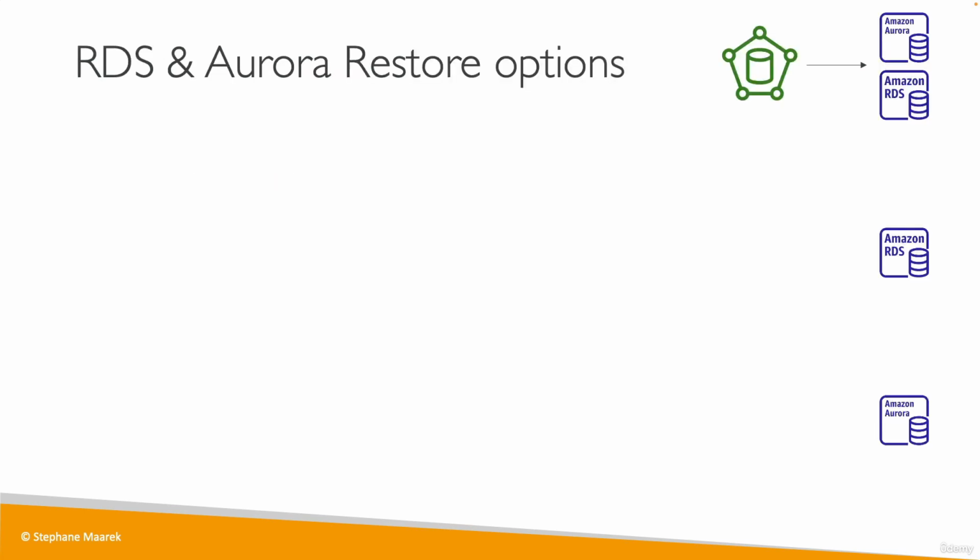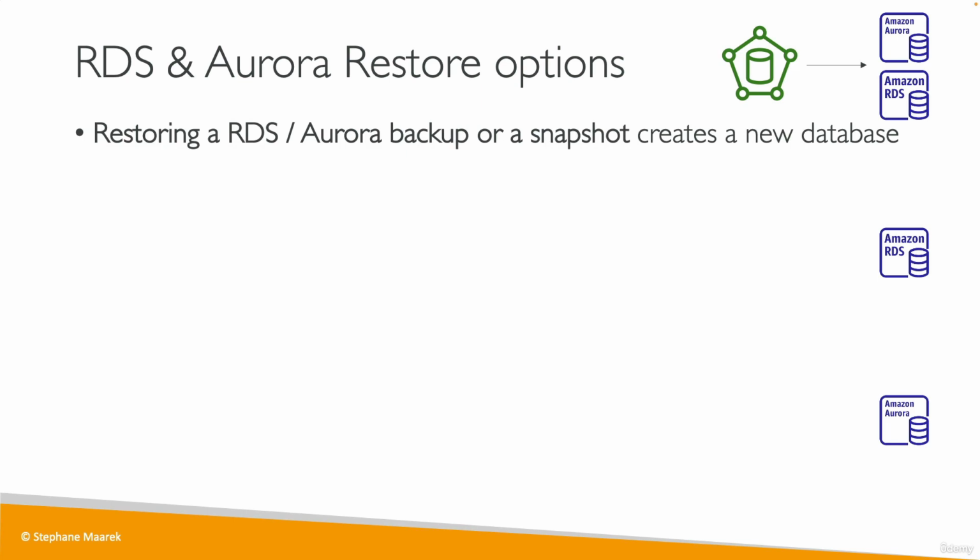Now, what about the restore options? The first thing is that you can restore an RDS or Aurora backup or snapshots, they're the same thing, into a new database. So anytime you restore an automated backup or a manual snapshot, it will create a new database. The other option is that you can restore a MySQL RDS database from S3. And S3, we haven't seen it yet. It's a way to store objects in the cloud on AWS.